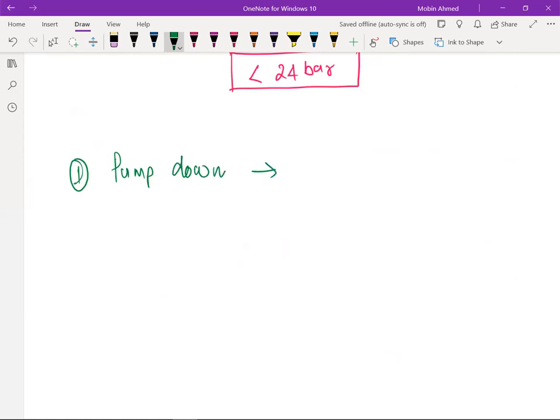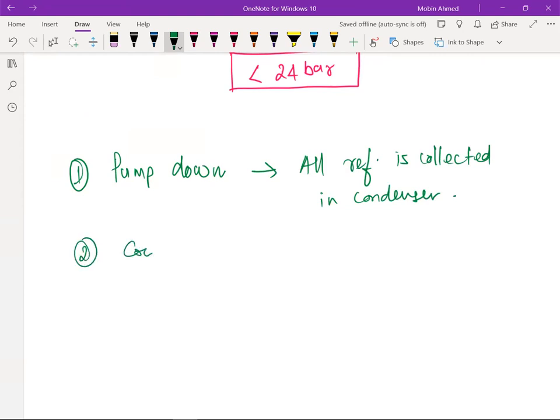During the pumping down, all the refrigerant is collected in the condenser. Now when it is collected in the condenser, the cooling water should keep running at least for 3 to 4 hours.